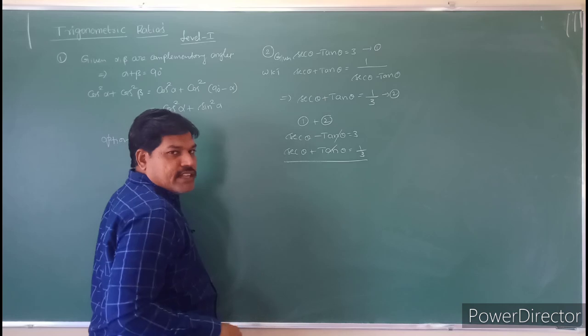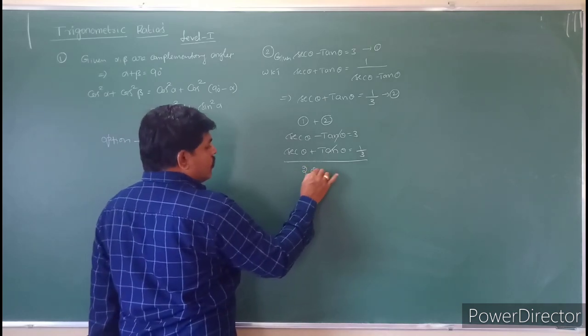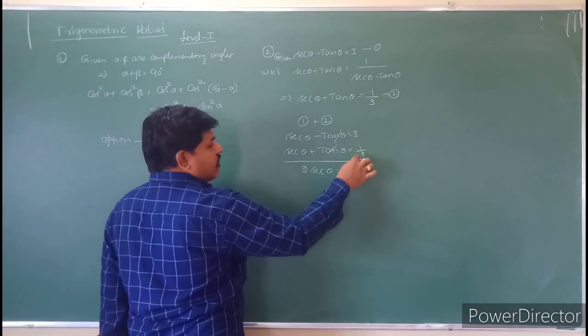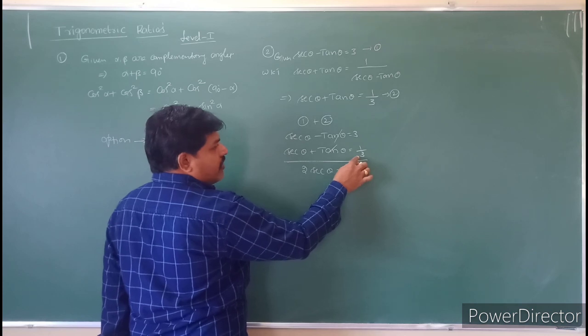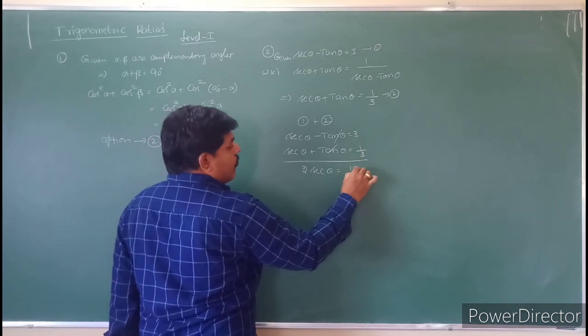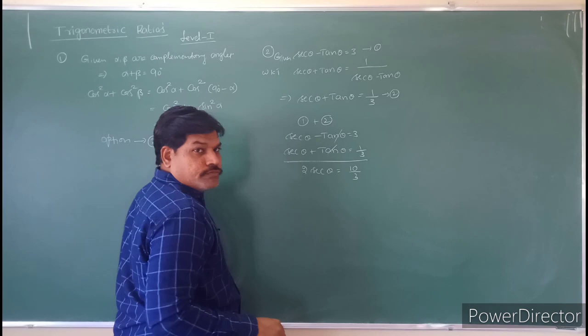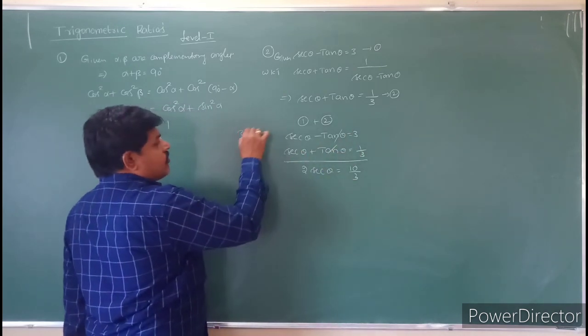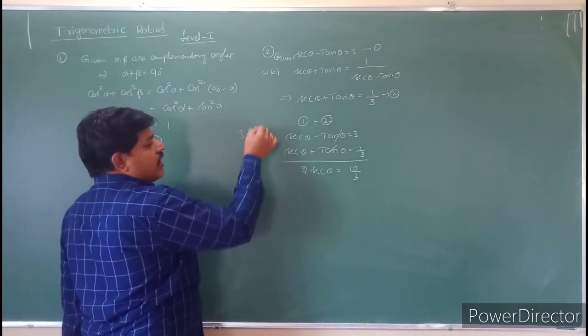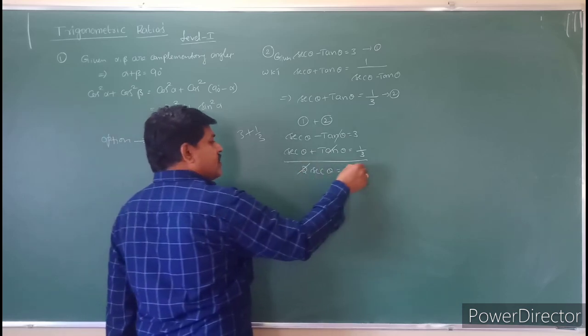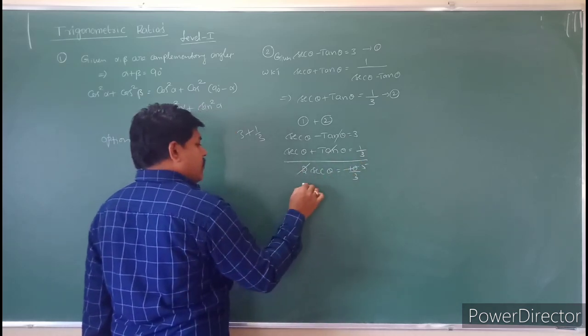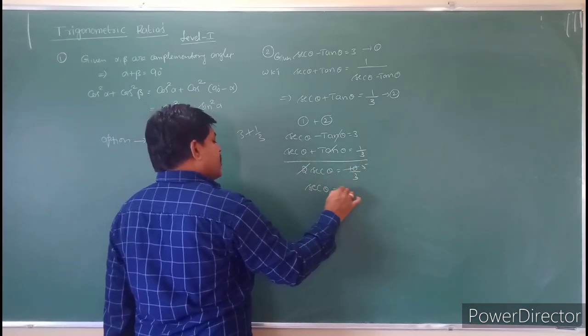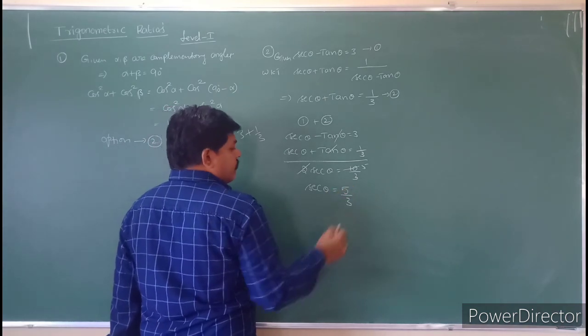Tan will be cancelled. 2 secant theta is equal to 3 plus 1 by 3, which is nothing but 10 by 3. Yes or no? 9 plus 1 is 10 by 3. So you can cancel this with 5. Then automatically secant theta is equal to 5 by 3.